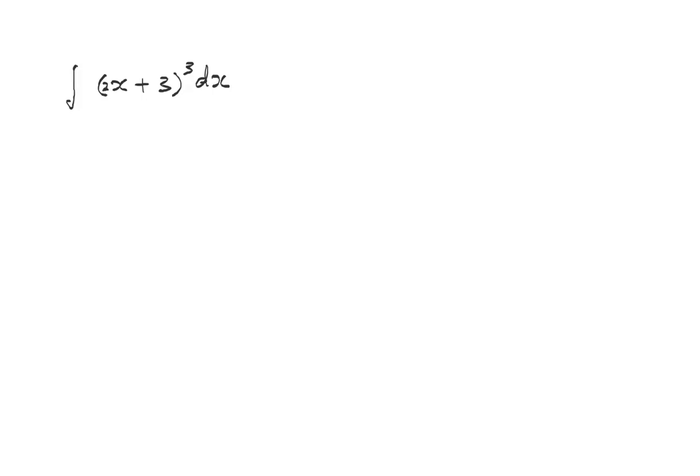Listen, the fourth rule is very, very important. I'm not going to teach you integration by substitution. I will teach you substitution later on. So the fourth rule is like that. If I ask you to integrate a number times a linear expression to the power n dx.